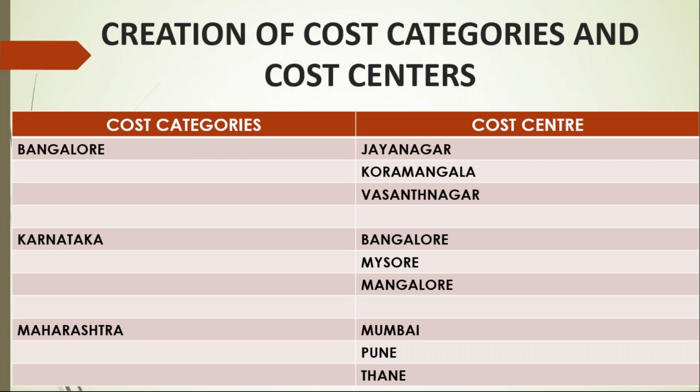If I take Maharashtra, the cost centers can be Mumbai, Pune, Thane, so a number of places, right? So let's create these cost categories and cost centers. The first step is to create the cost categories, and then the cost centers have to be created. So let's begin.